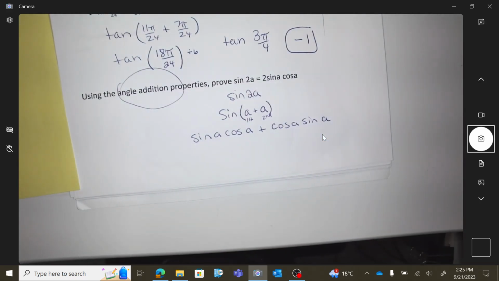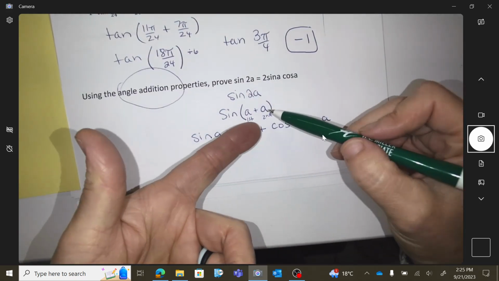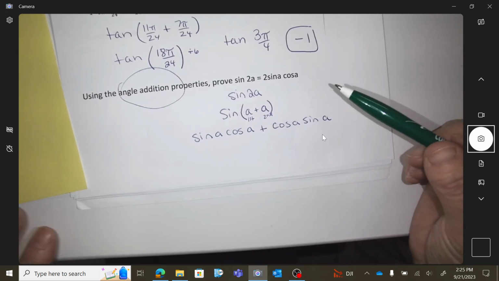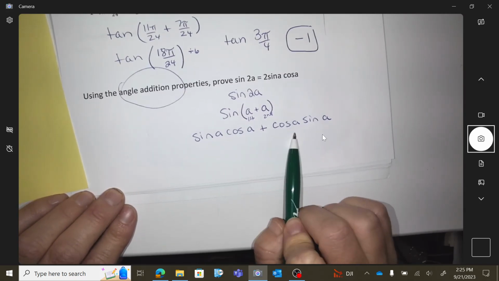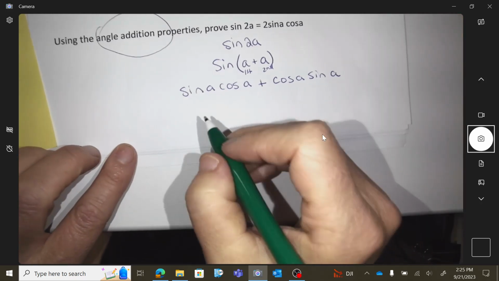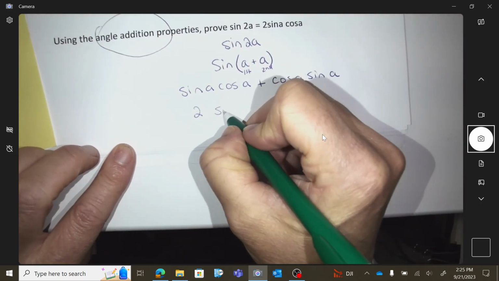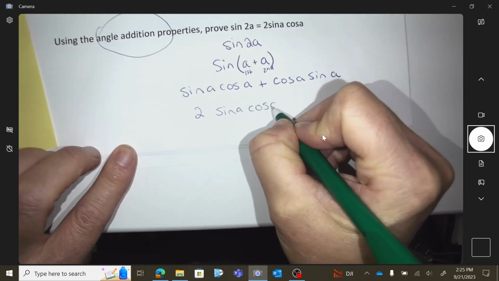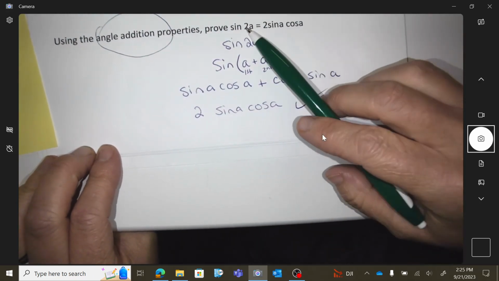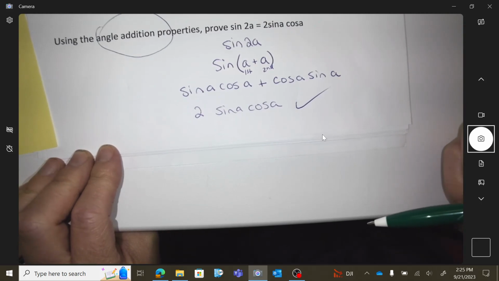Okay, we don't have any b's in this one because the second angle is also an a. Okay, so now these terms are similar, right? They're like each other. So we can say this adds to 2 sine a cos a. And there we go. I just showed you that that is equal to that.